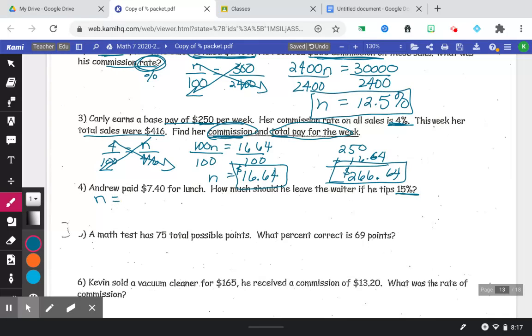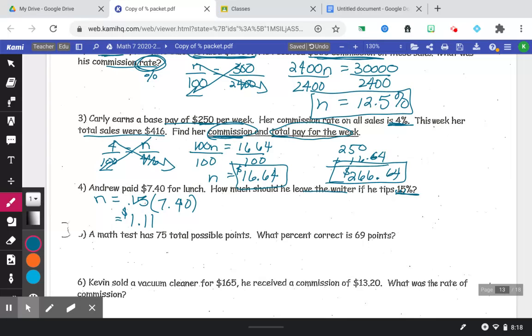Then I'm going to multiply by my percentage as a decimal, so I'm going to do 0.15, times the total that he's going to pay for the lunch, so times $7.40. All right, so that means that he is going to leave $1.11 for tip.